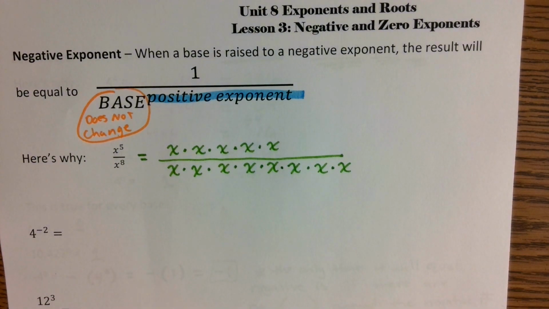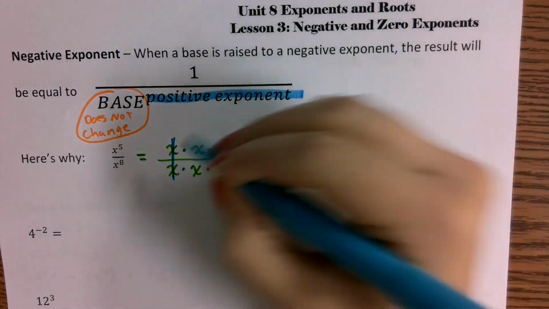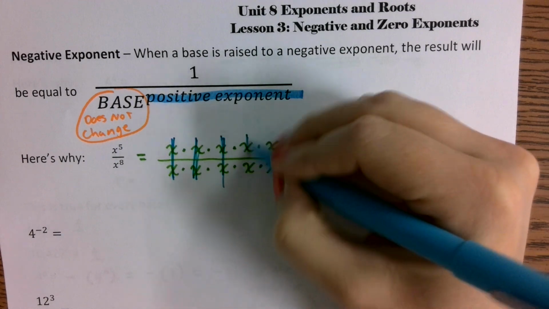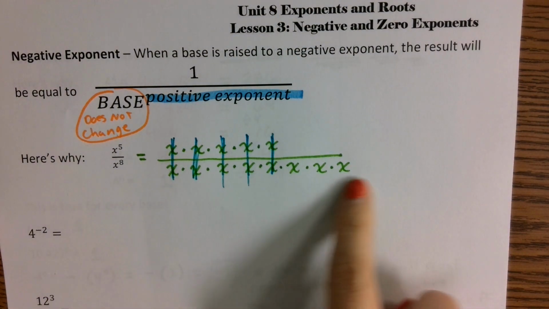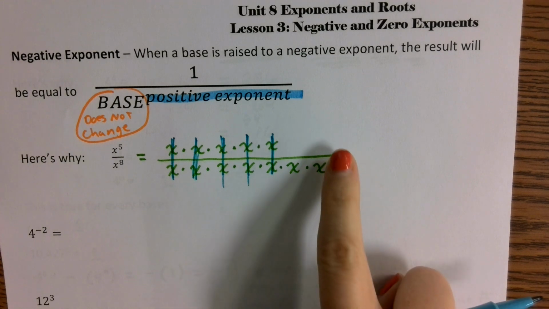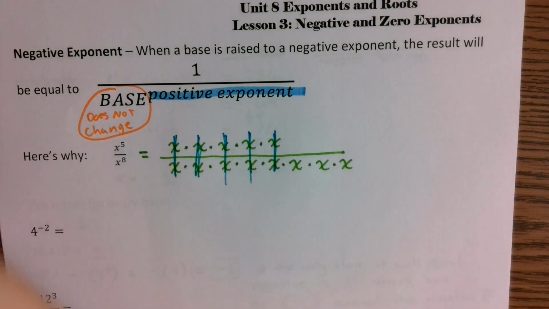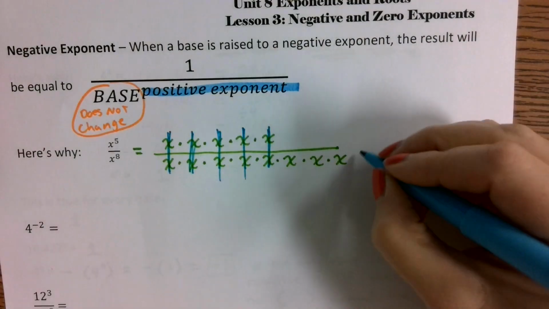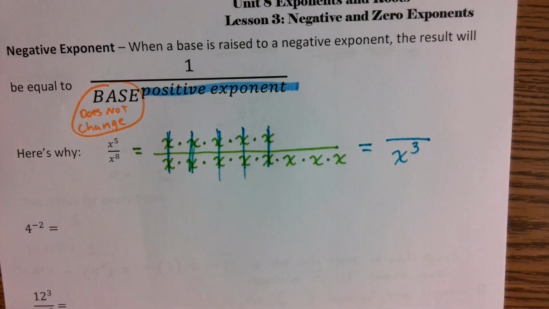When I go to cancel them out, cancel this one, 2, 3, 4, 5. I'm left with x on the bottom, not on the top. So I can't write x to the third power. What I can write is that x to the third is in the denominator of a fraction.